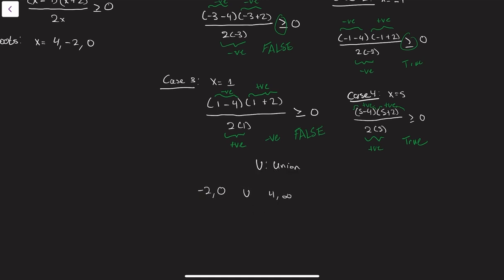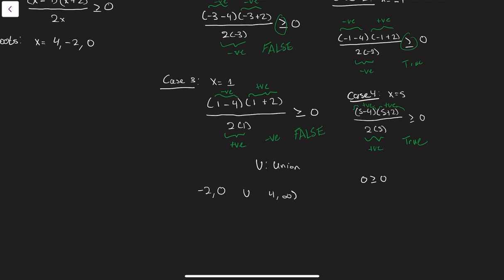So what about the endpoints? We know that infinity needs to be represented by this, but what about 4, -2, and 0? How would the endpoint behavior look? Well, since we have the greater than or equal to sign, if we use the values 4 and -2, it will turn out that we'll have 0 greater than or equal to 0. I'll show you what I mean by that.